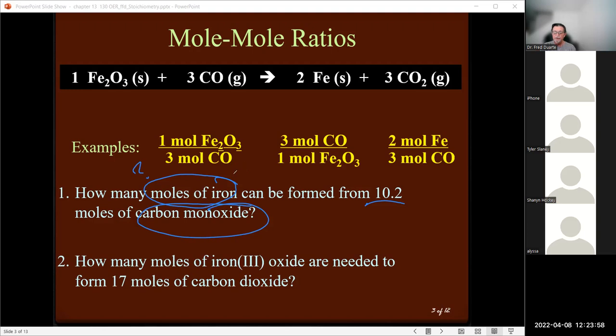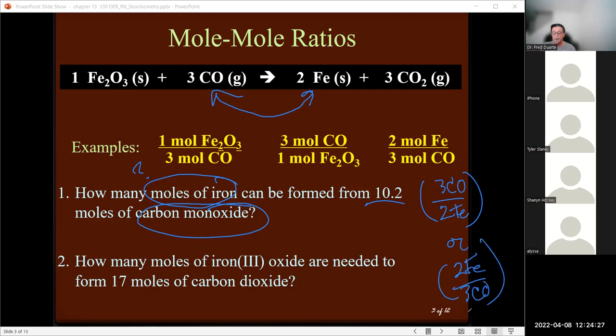So the relationship one is concerned about is simply between iron and carbon monoxide. We don't care about all the others, which turns out to be 3 carbon monoxide over 2 iron, or invert it, 2 iron over 3 carbon monoxide. That is our stoichiometric relationship, our ratios.